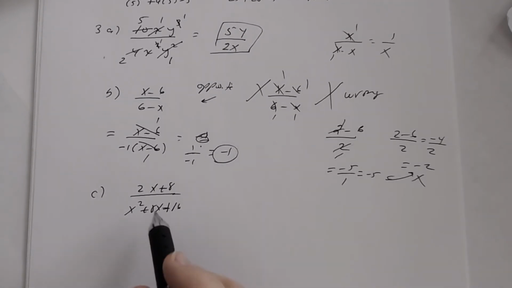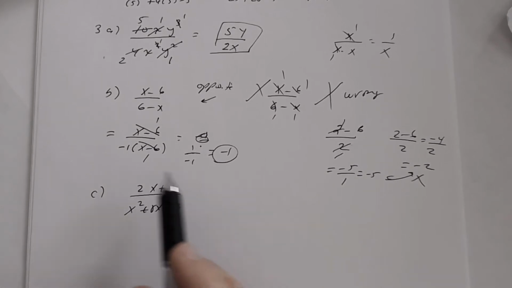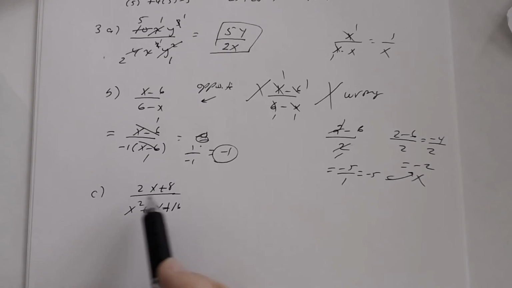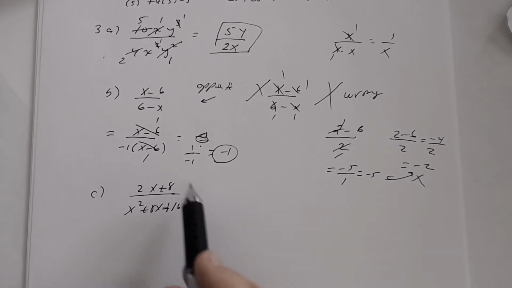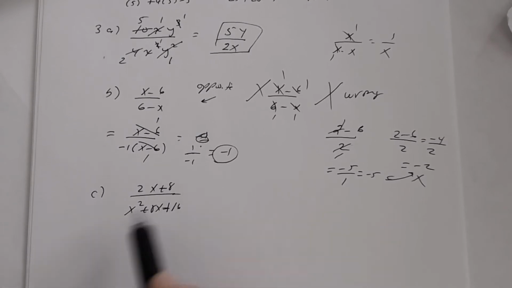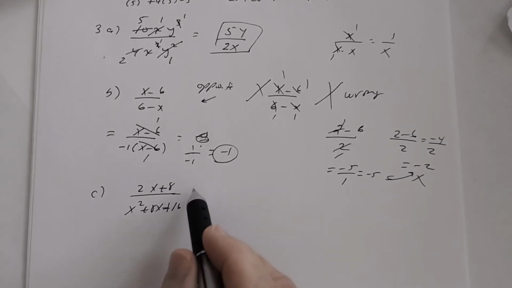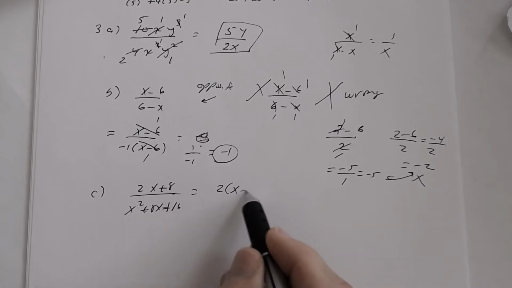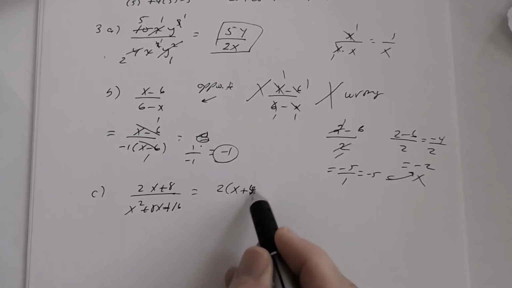What you have to do here in order to simplify is to factor first, because you can only reduce factors. 2x plus 8 is a factor in the numerator. 2 is not a factor, x is not a factor of the numerator. But I can factor the numerator further, and I can factor the denominator further. If you look at the numerator, I can factor out a 2. And so I get 2 times x plus 4.